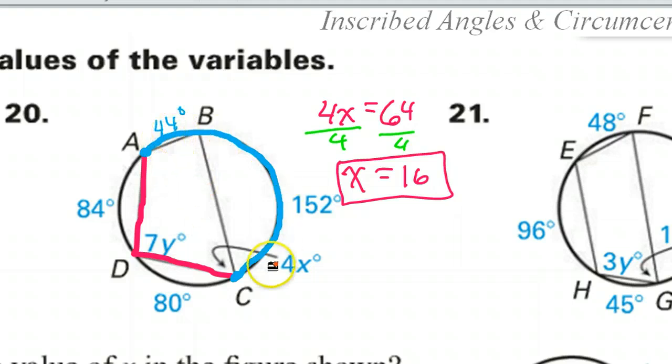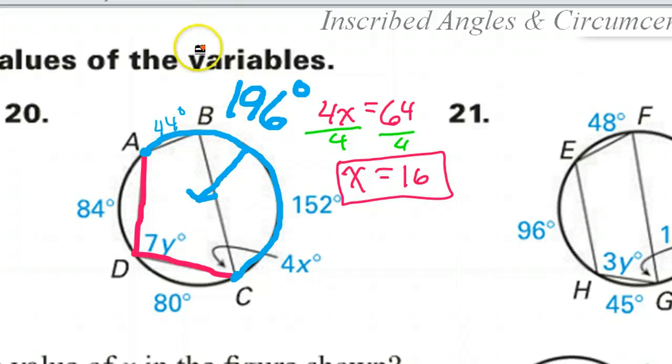So let's see. This arc is 44 plus 152. That is 196 degrees. That's how big this blue arc is. Alright, it's just the 152 plus the 44. Now we know that this inscribed angle should be half of that. So if I take that and I divide by 2, I get 98.